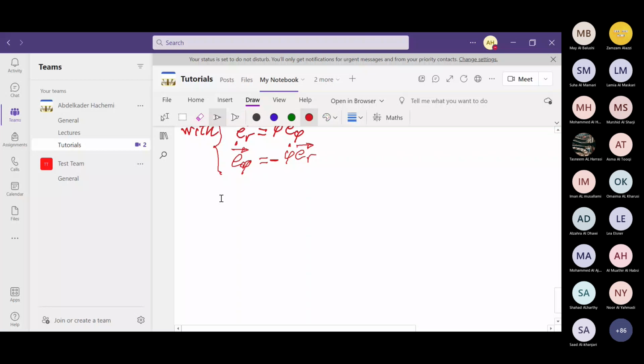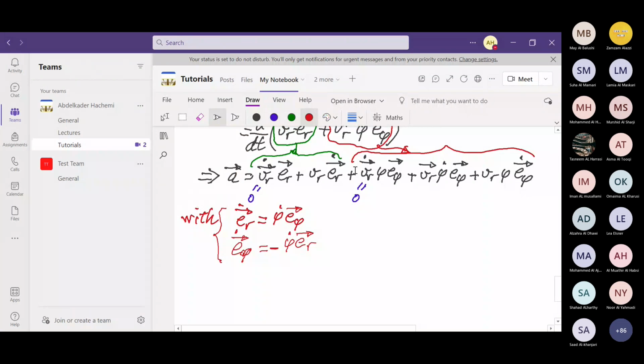And now if I come to this part, we have this term which is equal to 0, and this term is equal to 0. We replace e_R dot and e_phi dot by this expression here.